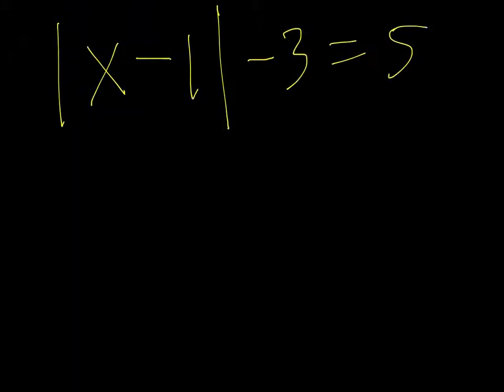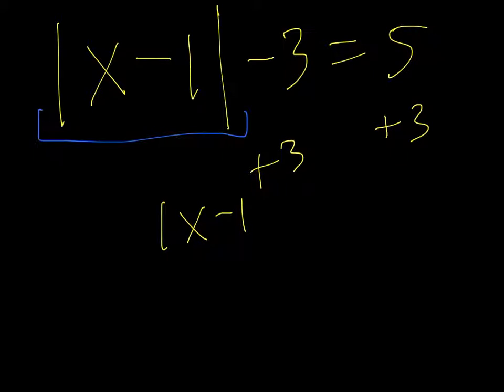But what if you have an expression more than just x? So if you had the absolute value of x minus 1, minus 3 is equal to 5, and we wanted you to solve this absolute value equation. So step 1, again, you isolate the absolute value expression. So plus 3, and we get the absolute value of x minus 1 is equal to 8.